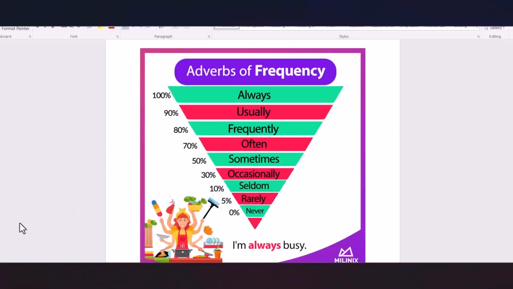We use sometimes when a thing happens 50% of the time, occasionally 30% of the time, seldom 10%, rarely 5%, and never 0%.